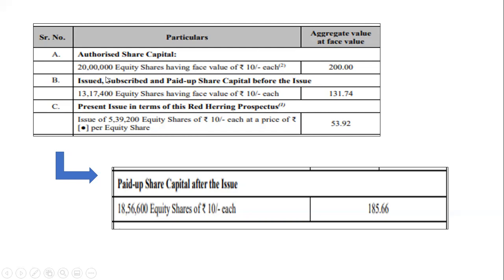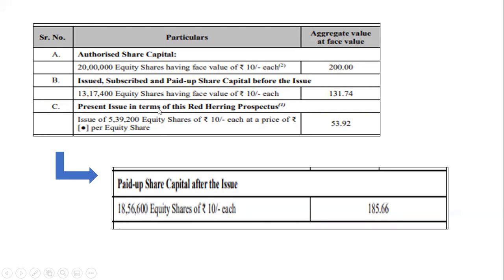A part of this authorized capital, which is issued, subscribed, and paid up before the date of this new IPO, is 13,17,400 shares of rupees 10 each. So out of 20 lakh equity shares, the company issued 13,17,400 equity shares before the date of this issue, that means before September 1st.